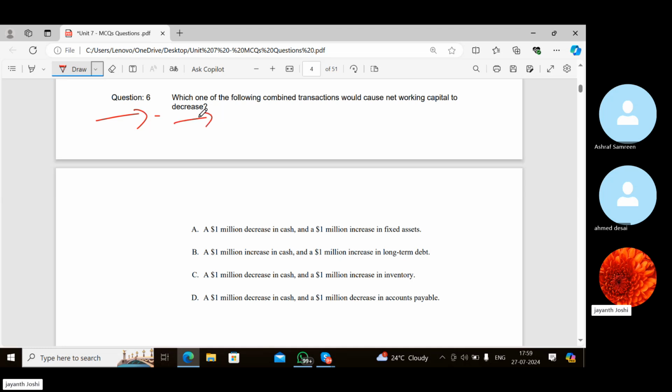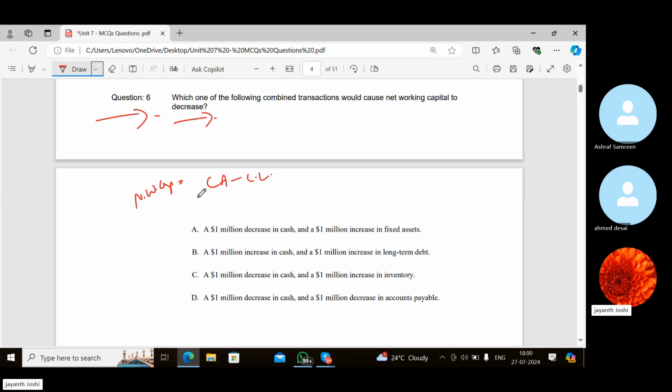Can you do this? I'm waiting. See, which one of the following combined transactions would cause net working capital to decrease? Net working capital is equal to current assets minus current liabilities.